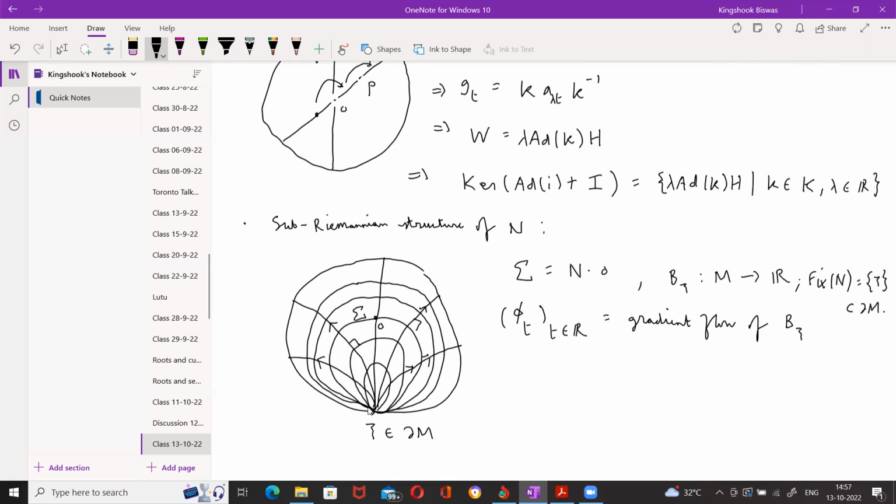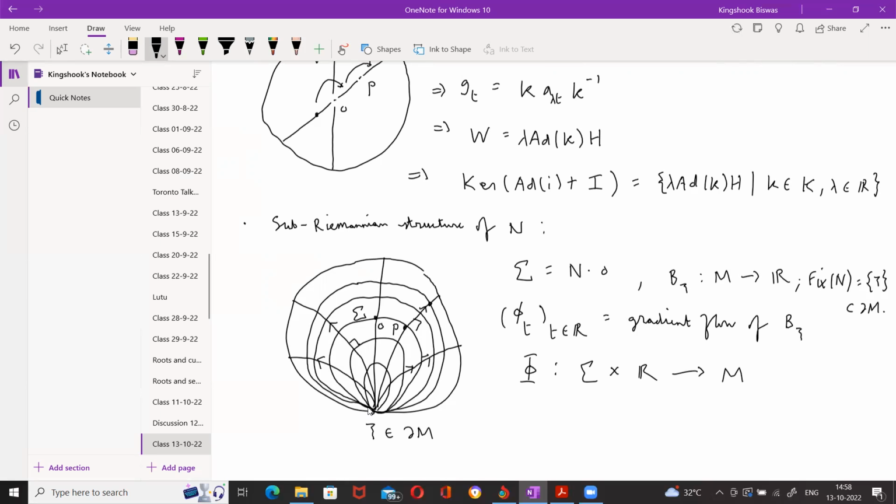This gives me Cartesian coordinates on the whole space. I have a map, let me call it capital phi, from sigma cross R to my symmetric space M. What is the map? I take a point P on this horosphere, and then I flow it by time t.